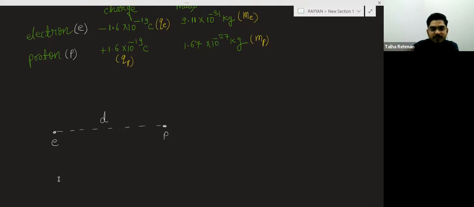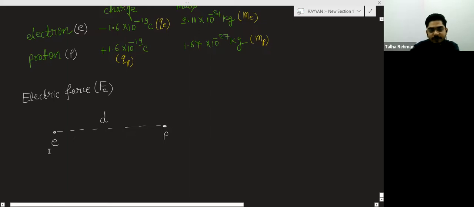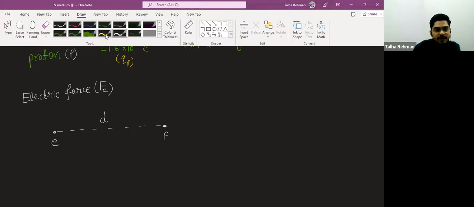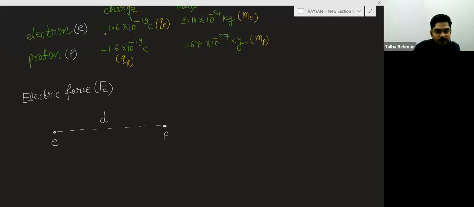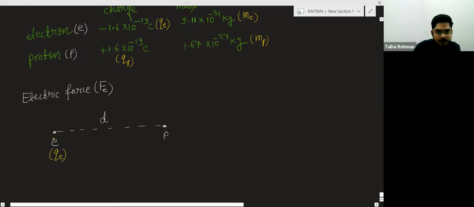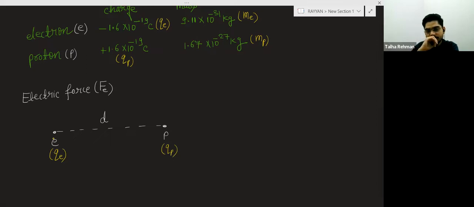First we are calculating the electric force. Fe is the electric force. Here is the electron, here is the proton, so there will be a charge on the proton and a charge on the electron.